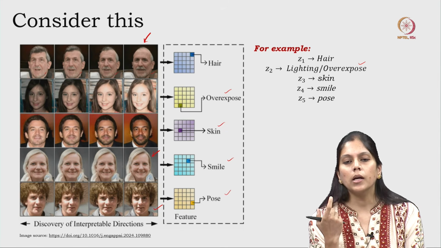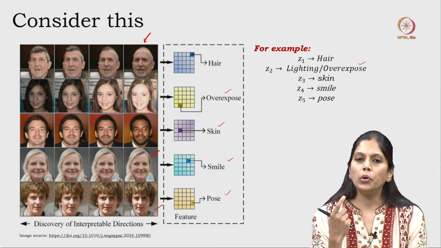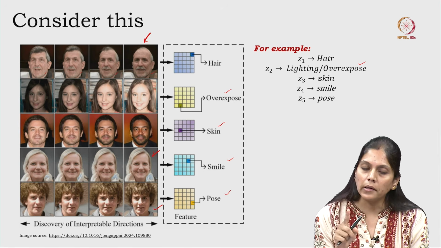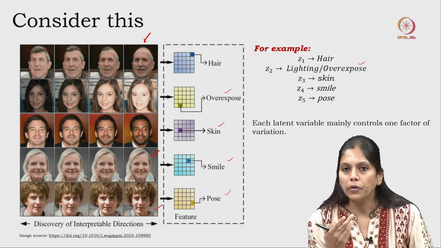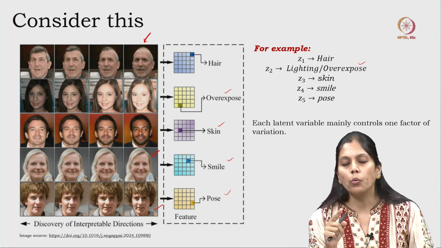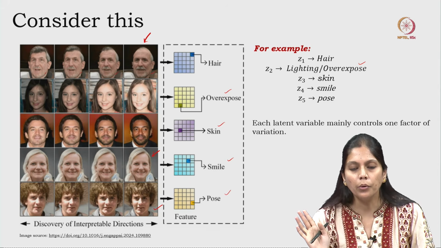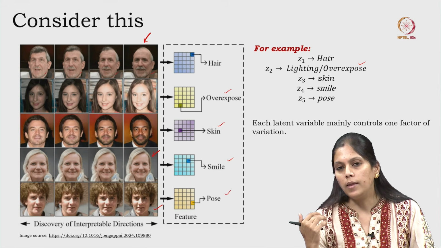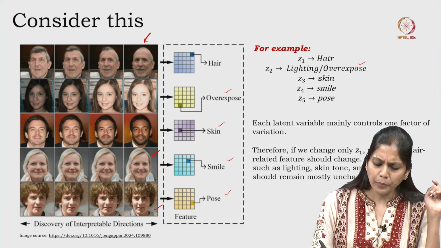If we can make each latent representation capture only one important characteristic of the variation, then what are we going to achieve? Each latent variable mainly controls only one factor of variation.